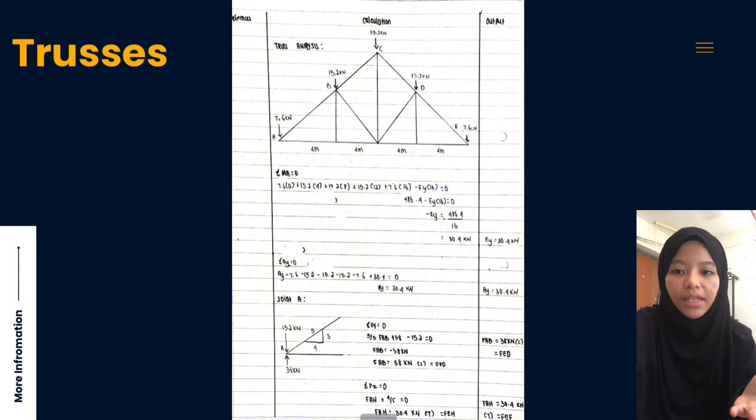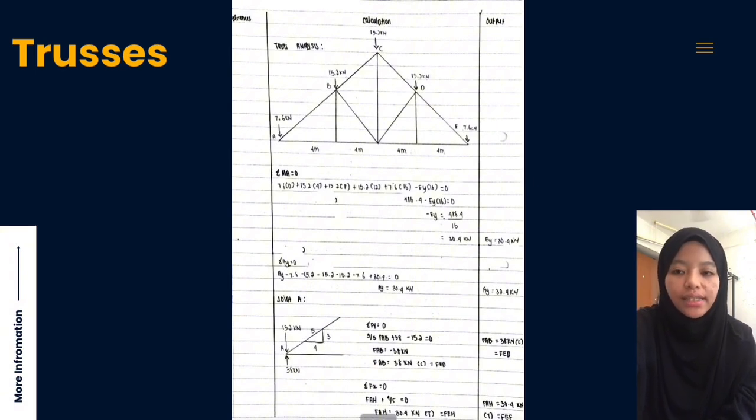So the next step is we must calculate the moment about A, where everything on the right must go to the left: RA multiplied by 16 minus 15.2 multiplied by 16 m, minus 15.2 multiplied by 12 m, minus 15.2 multiplied by 8, and minus 15.2 multiplied by 4 equals 0.